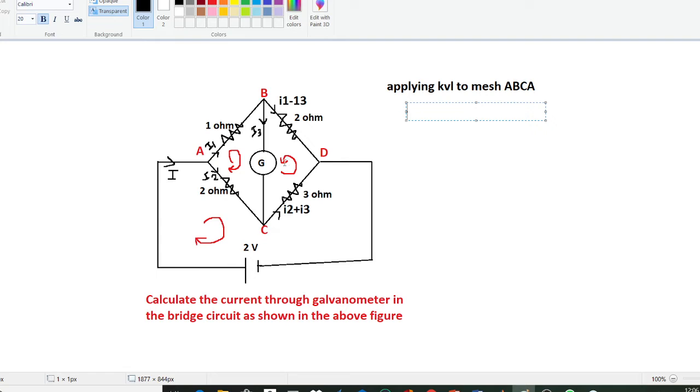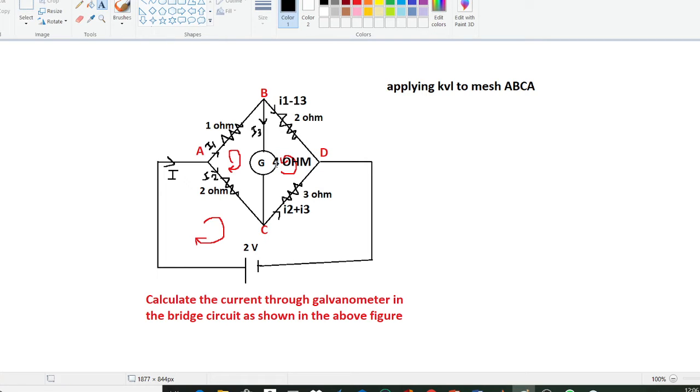This galvanometer has a resistance of 4 ohms. So if we apply KVL in this mesh, you can write minus, this is a 1 ohm resistor, so minus I1, and minus I3 into 4, so minus 4 I3, and this will be plus 2 I2.